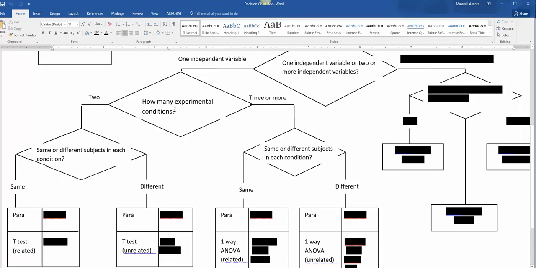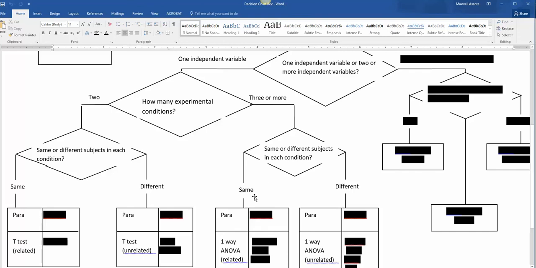If you have three or more conditions under the independent variable, that is the one independent variable, in this case the temperature, then you have to go to the right. And then the same question comes up. Do you have the same individuals being exposed to the three conditions of the experiment, or do you have different individuals being exposed to the three conditions of the experiment? The answer to this question will determine what statistical test you use to determine differences in their performance.